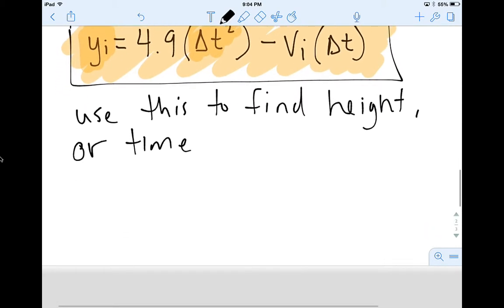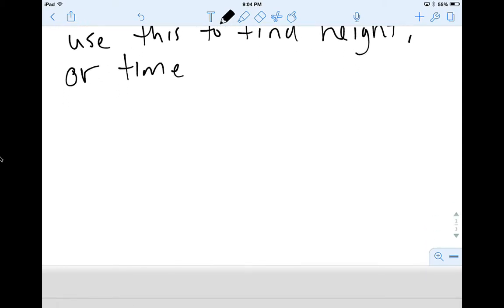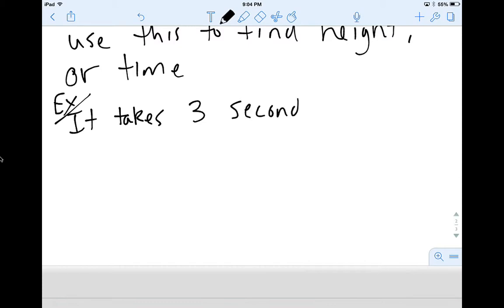So let's just do a quick example. Let's do height. So this is our example. Let's say that it takes 3 seconds for an apple to hit the ground.